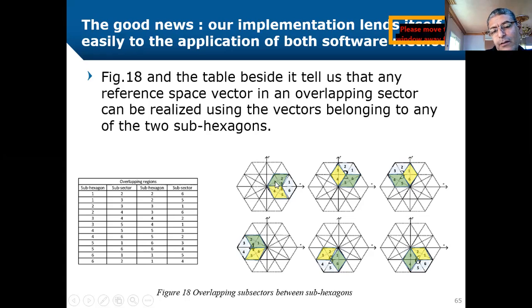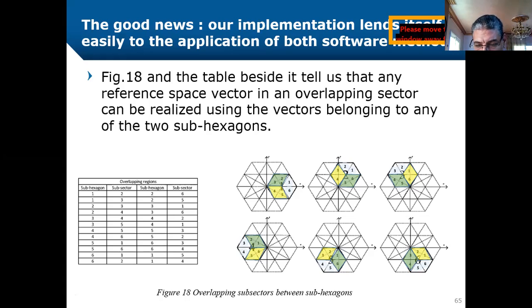In sub-hexa 1, it can be sector 2, subsector 2, or we can use sub-hexa 2 as an alternative choice, and we can allocate the space vector to either 5 or 6 according to the logic for finding the subsector. So for any of these overlapping areas, we have 2 alternative realization methods for the space vector.